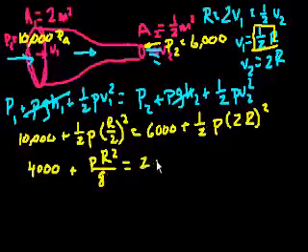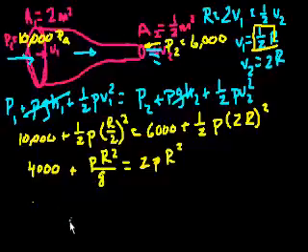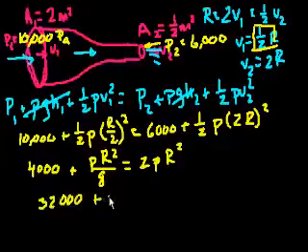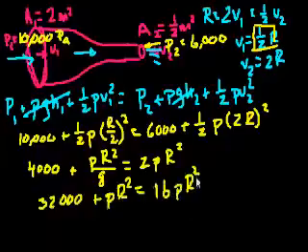So this is 2 rho R squared. We could multiply both sides of this equation by 8 just to get rid of this denominator. So we'd get 32,000 plus rho R squared is equal to 16 rho R squared.